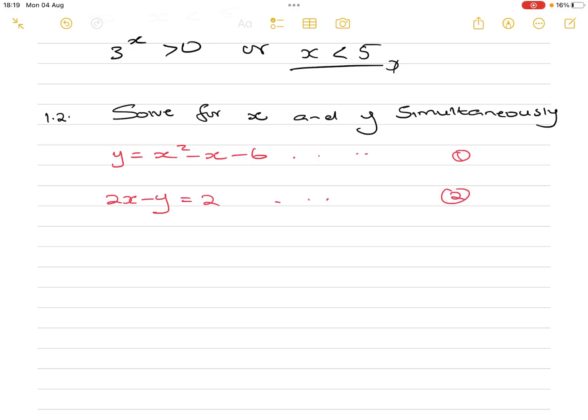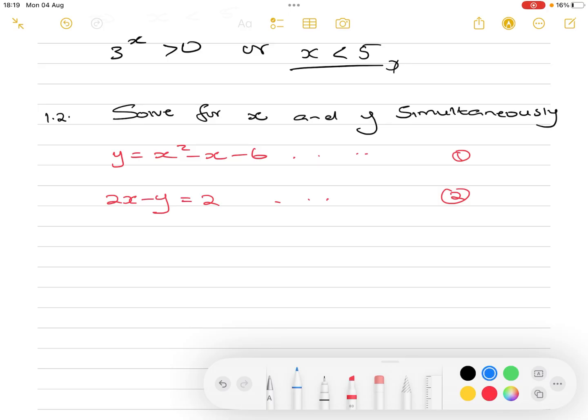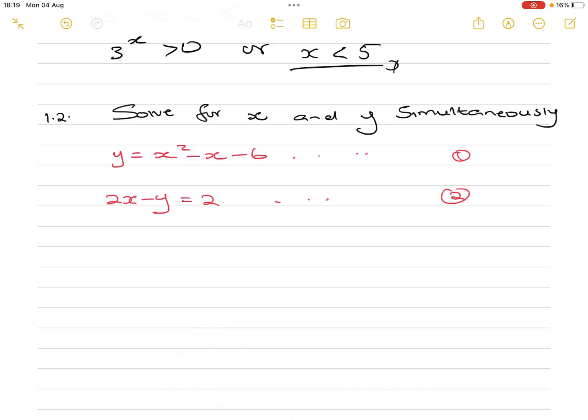So in this case, if you are required to solve such, we are now going to add our equation number 3. Equation number 3 will come from choosing the equation that is not complicated. So this is the equation that is not complicated.